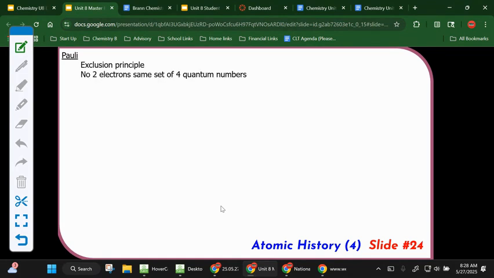No two electrons can have the same set of 4 quantum numbers. Every electron's quantum numbers are unique or different. No two electrons can have the exact same 4 quantum numbers. Can't be done. Nope. That is the exclusion principle. Every electron gets its own unique set of quantum numbers.